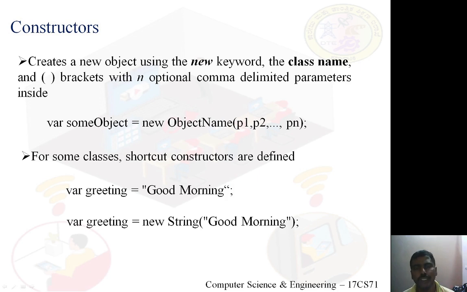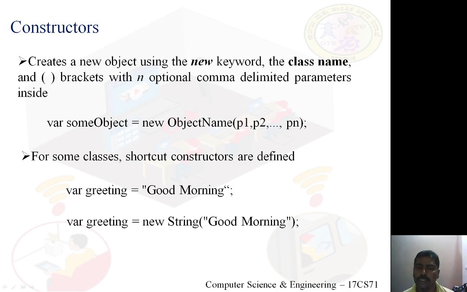So coming to constructor. What is a constructor? It creates a new object, using the new keyword followed by the class name. And while creating an object, if it needs to be initialized, we need to pass those parameters.